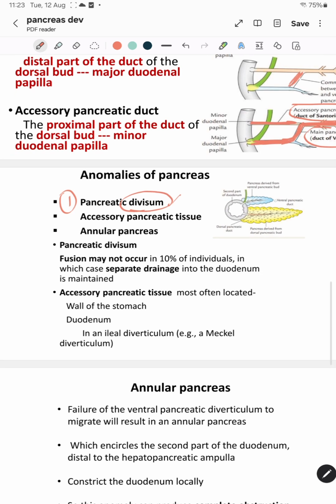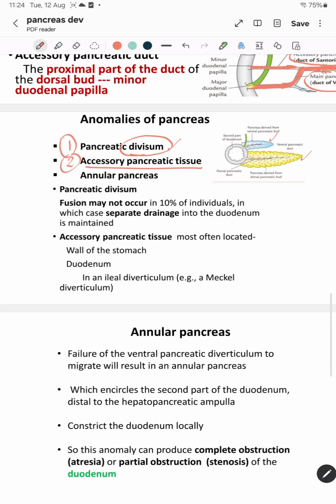Second, accessory pancreatic tissue, so pancreatic tissue can be present elsewhere, such as the wall of the stomach, duodenum, ileal diverticulum, etc.